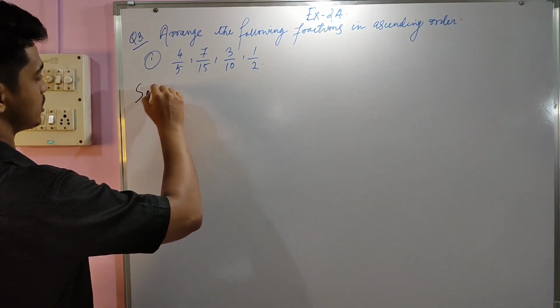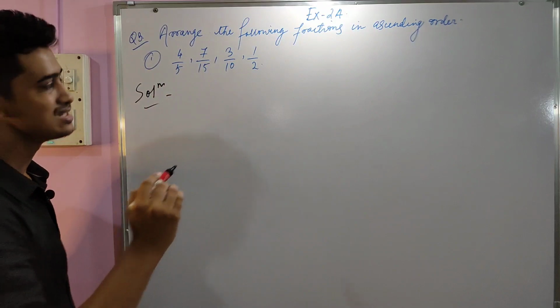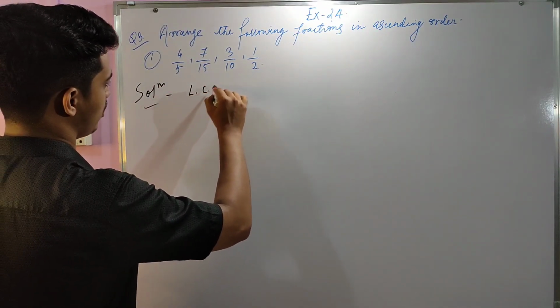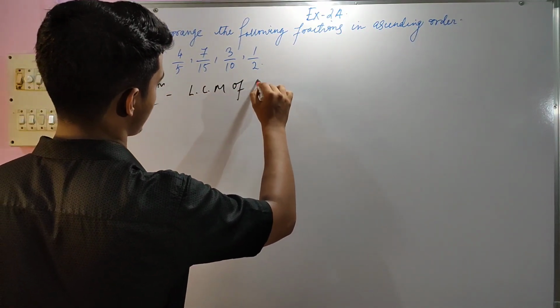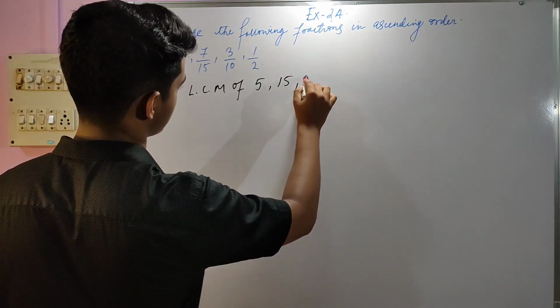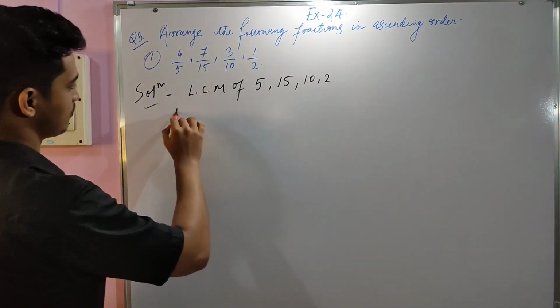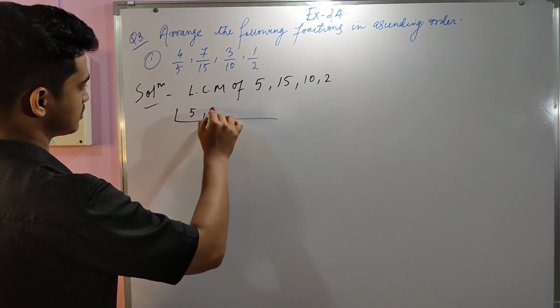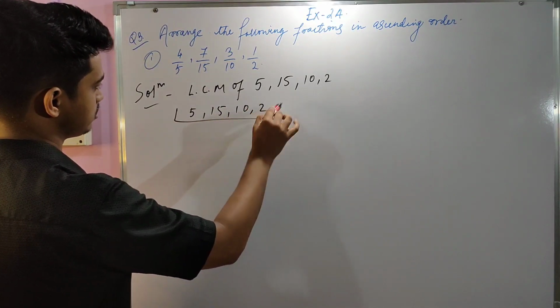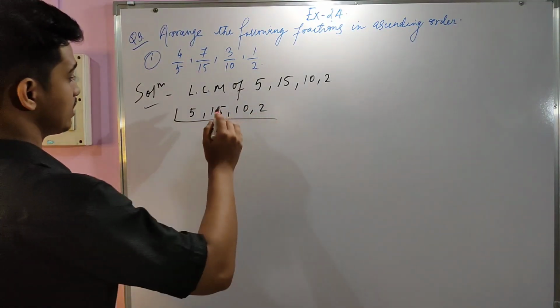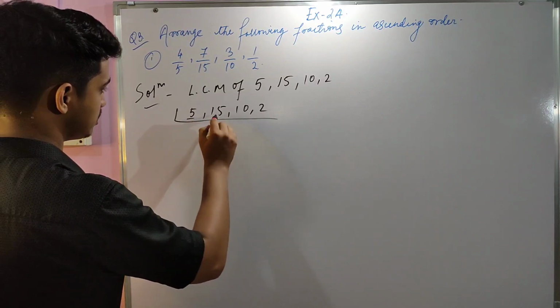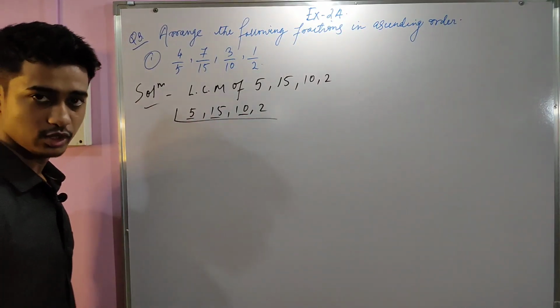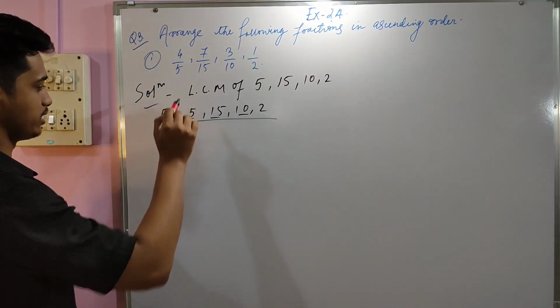So solution, LCM we have to find. So LCM of 5, 15, 10 and 2, right? What we have to do, simply write this. Now see, there are 3 numbers which have a common factor, that is 5 only, right?